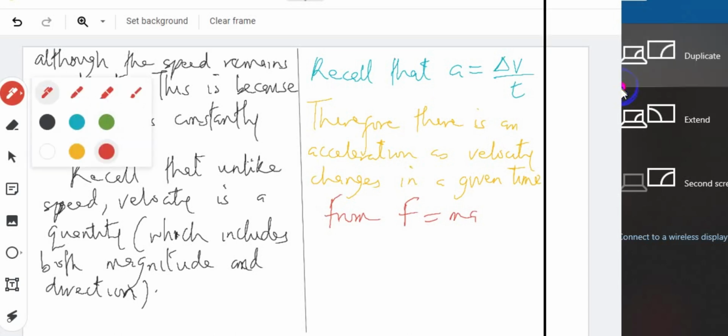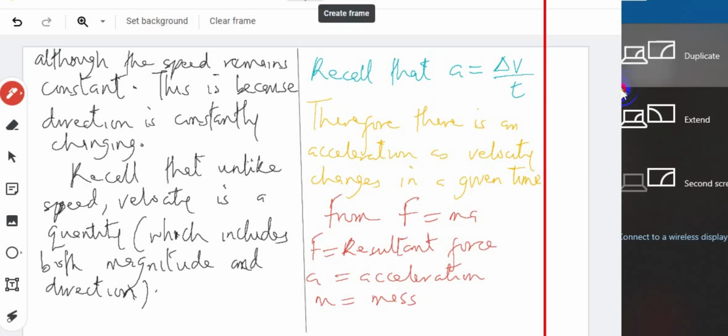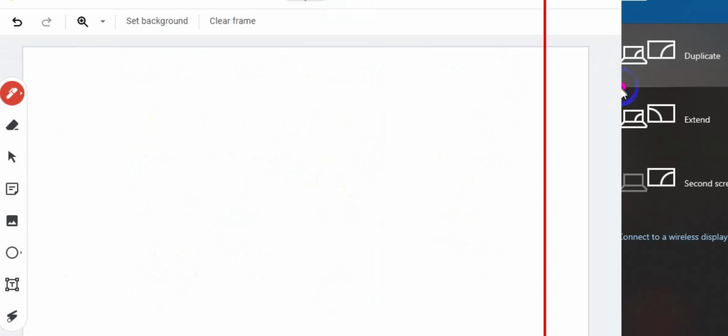By the way, F stands for resultant force, A is acceleration, and of course, m stands for mass. So if there is an acceleration, there must be a resultant force. That means the object has a resultant force acting on it.